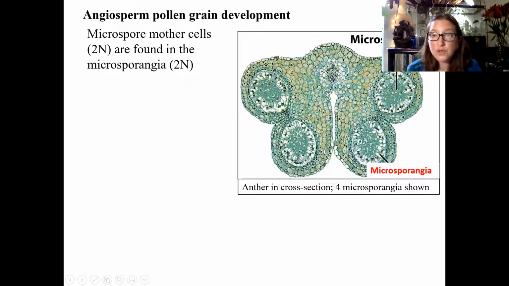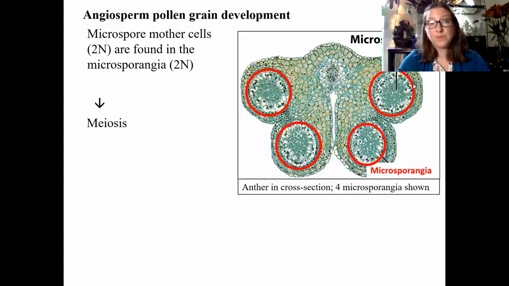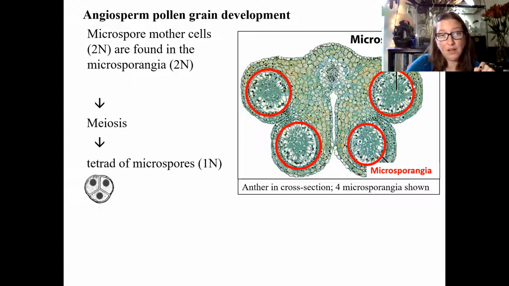Inside of each of those microsporangia, there's 4 of them there. Inside of each one are those microspore mother cells that are 2N, and those are what undergo meiosis. So your 2N microspore mother cells undergo meiosis to make a tetrad of microspores, each of which is 1N.